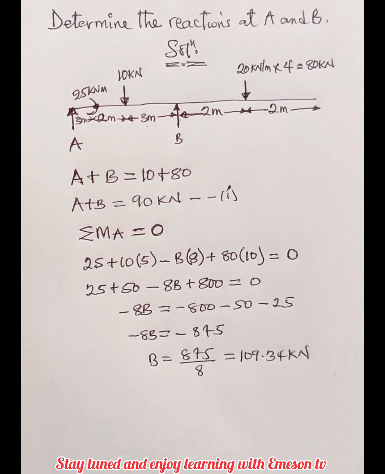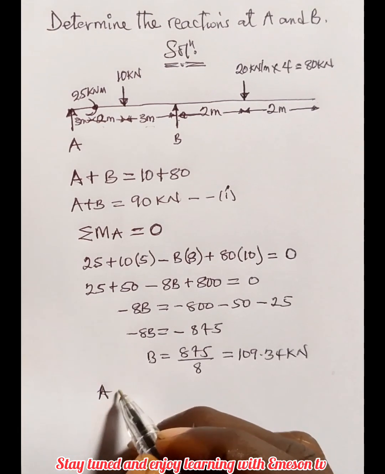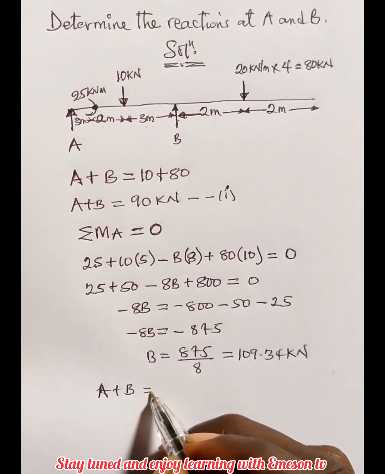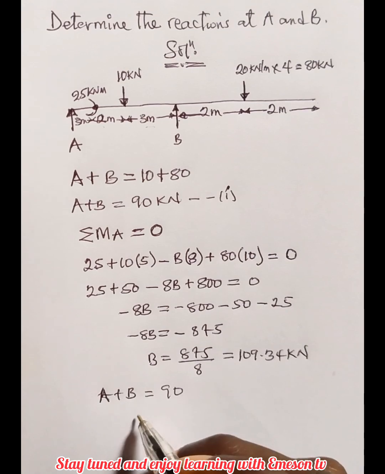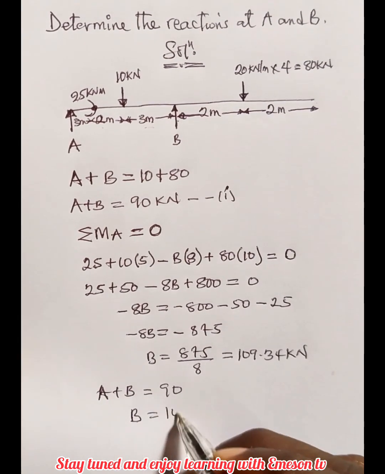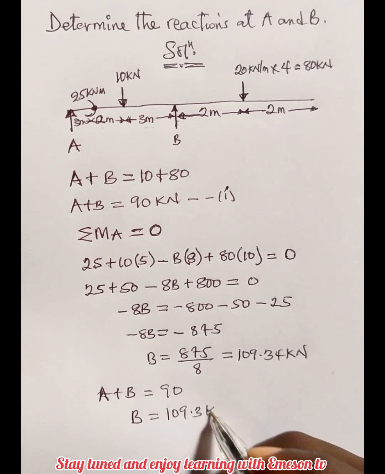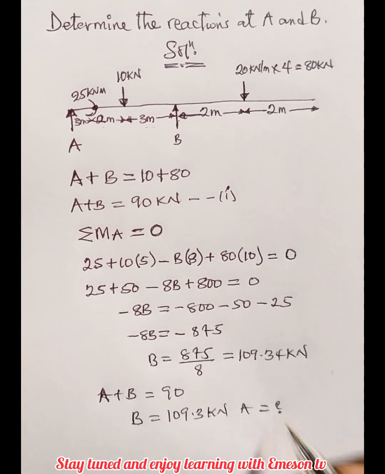So let's get the value for A. Remember that A plus B is equal to 90. B is 109.34 kilonewton. Then what becomes A?